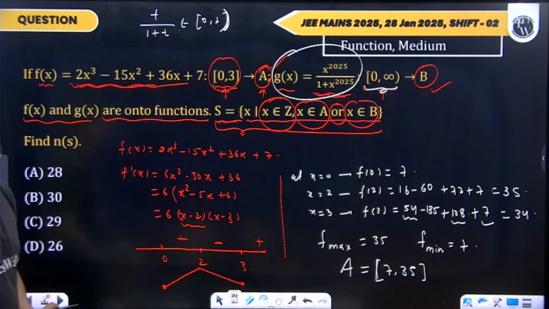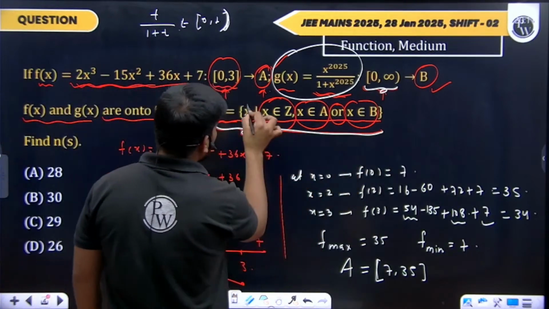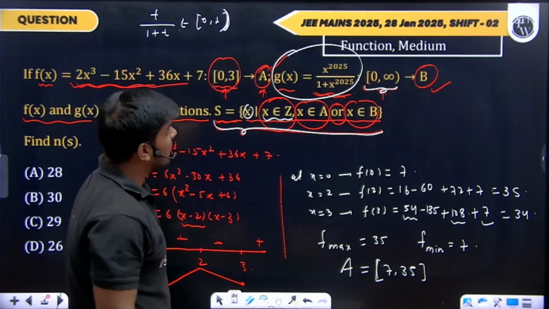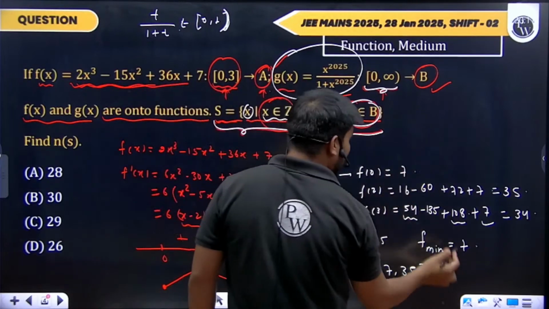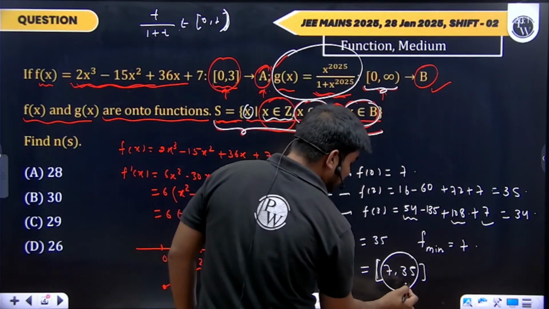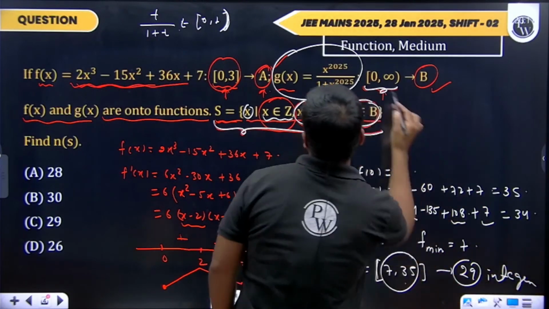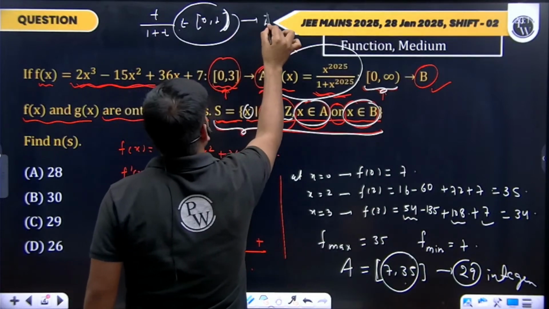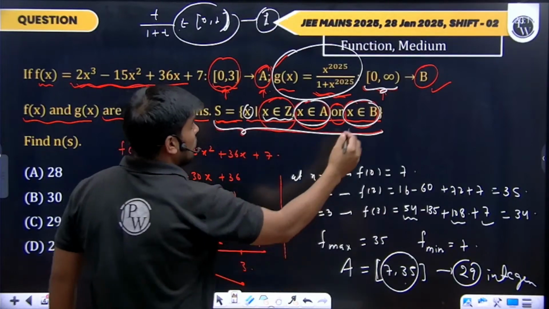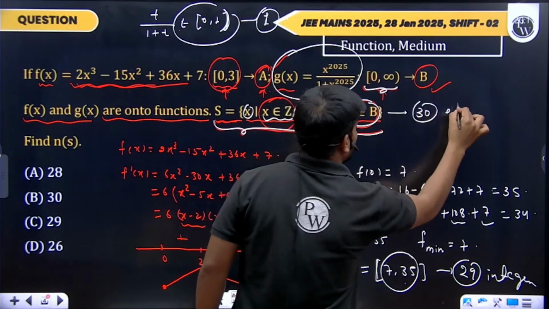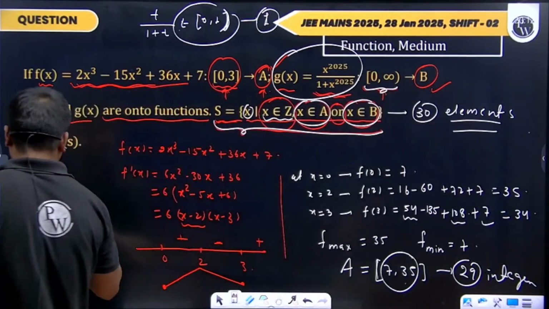Now S is defined as the set of all those values of x where x is an integer and x belongs to A or x belongs to B. So in set A we have 35 minus 7 plus 1, that is 29 integers, and in B we have one integer. Because A and B are disjoint sets, in the union we get exactly 30 elements. So the correct answer for this question is option B.